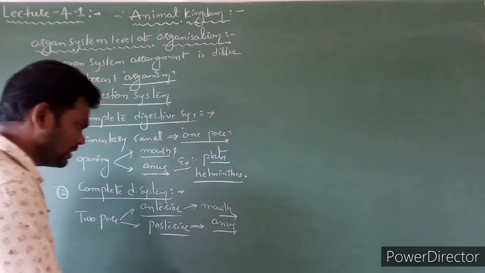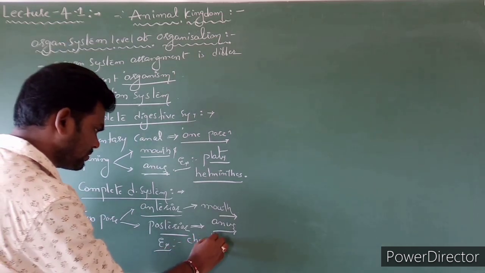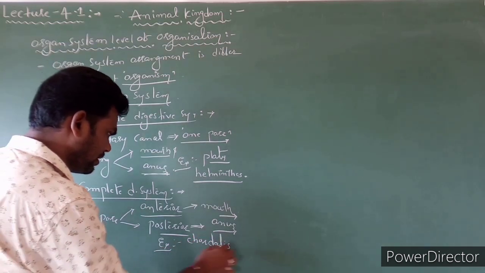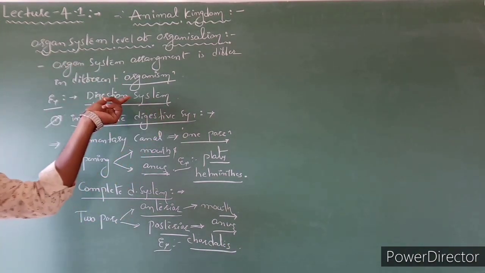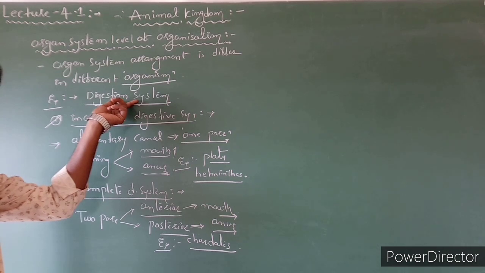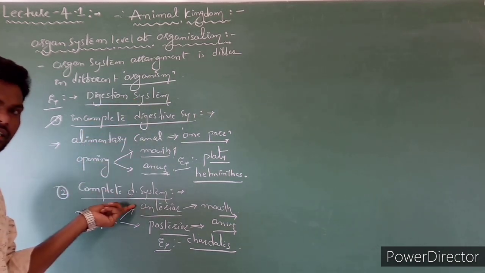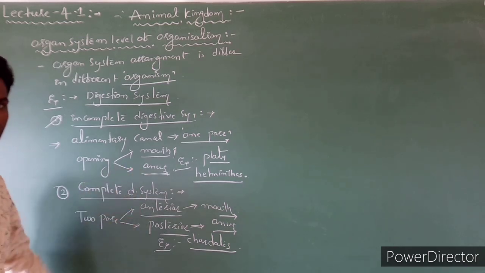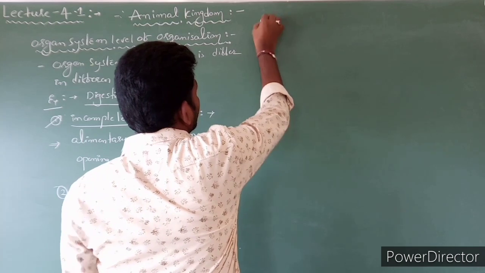Advanced organisms like humans, chordates. Chordates. So here digestive system is there, but the arrangement as well as complexity is different in different organisms.